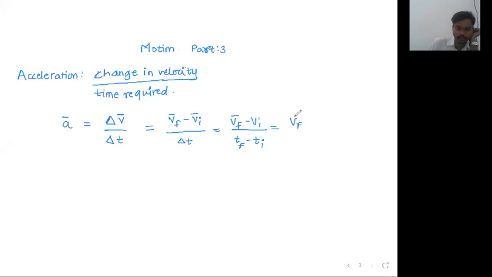Sir, can we say final velocity minus initial velocity divided by, sir, we want to take final time as t and we want to take initial time as 0. Where we have taken initial time as 0 time. Okay, when the motion starts, we have taken the time 0, and final time, any general time, we have taken as t, and initial time we have taken as 0.